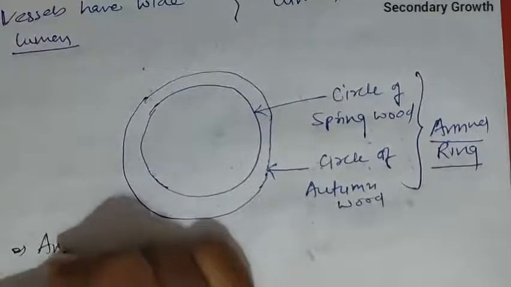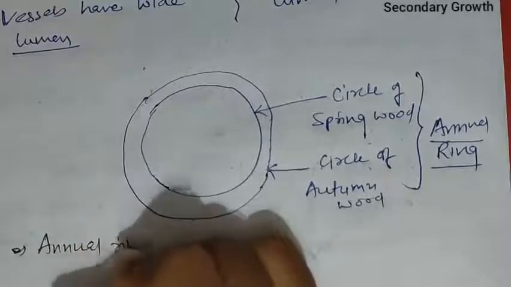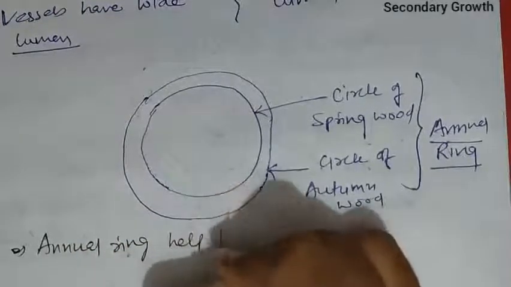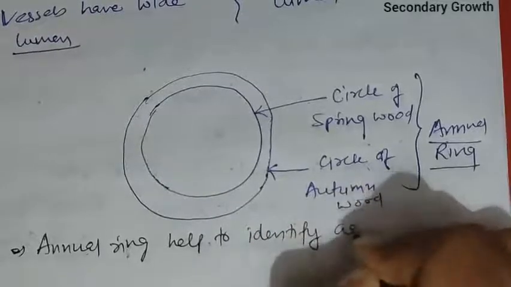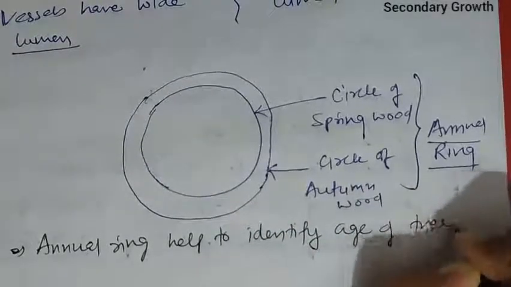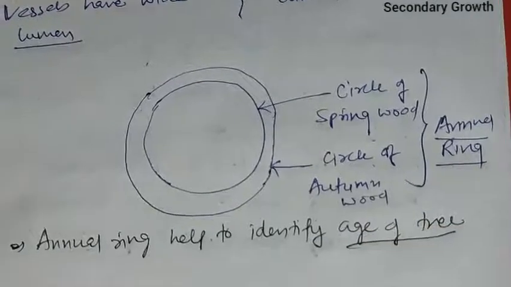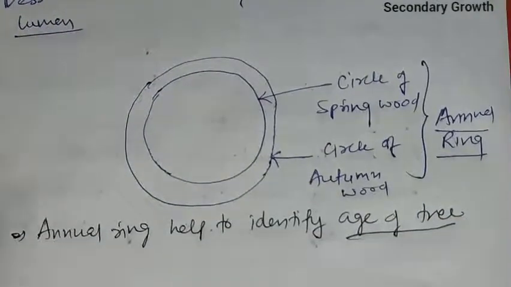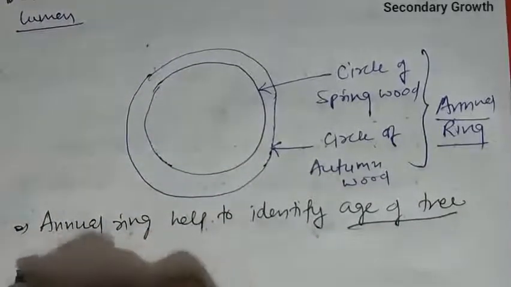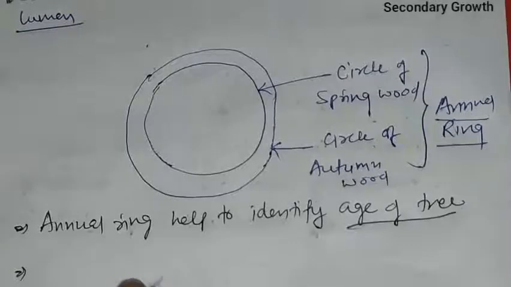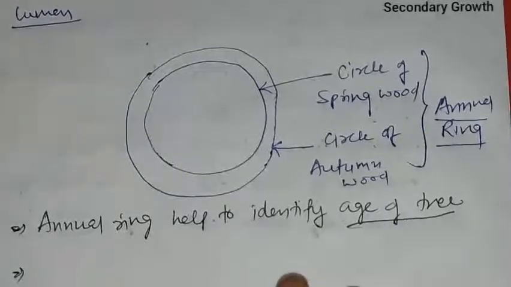Now annual rings help to identify the age of a tree. By counting annual rings, we can make an estimate of the age of a tree. So if there are 20 annual rings, then in total you will find 40 circles, 20 of spring wood and 20 of autumn wood. Like this we can estimate their age.